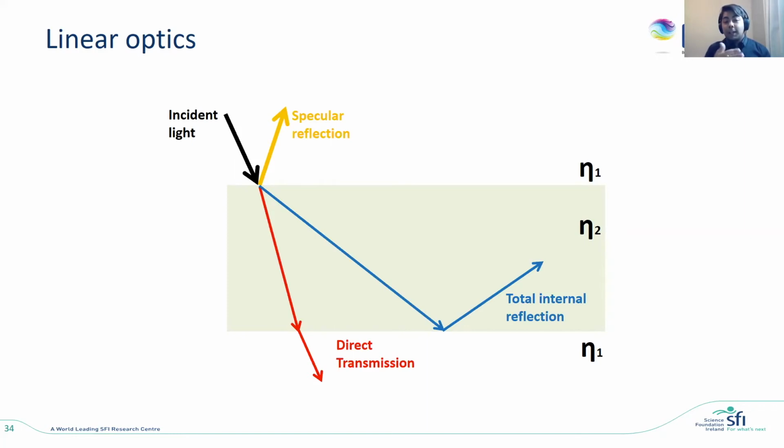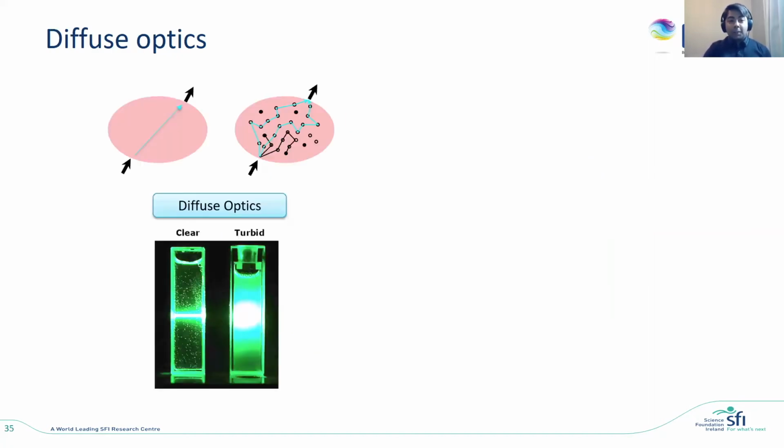It may go through the medium with direct transmission, or it may have some total internal reflection inside the medium. However, in diffuse optics, this doesn't really happen. There is no such thing as direct transmission, because we are not transparent, right? So in diffuse optics, a lot of the light is totally scattered inside the medium.